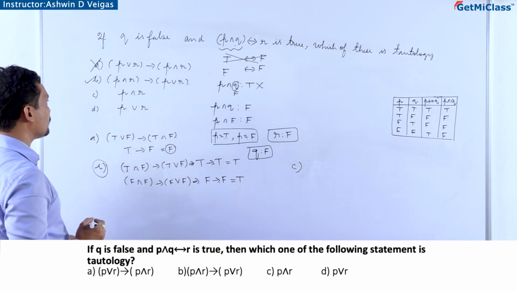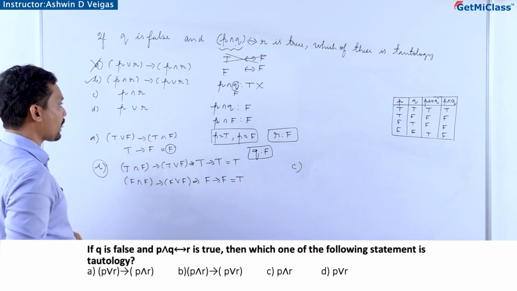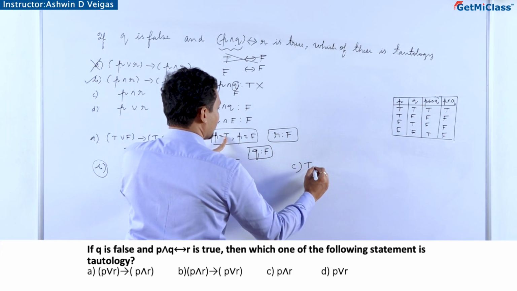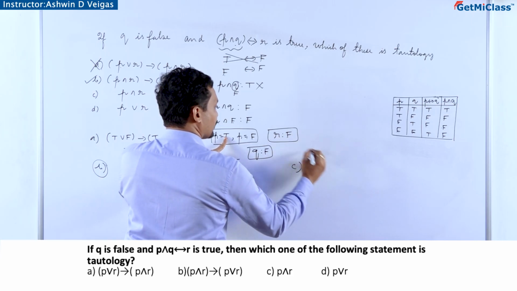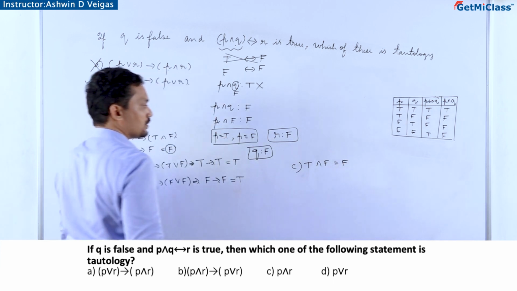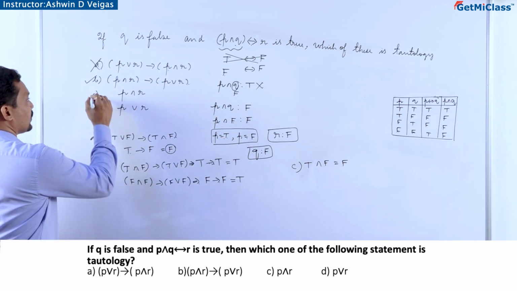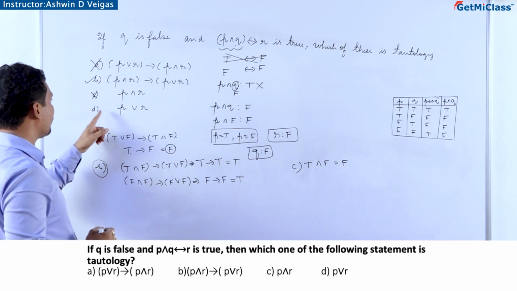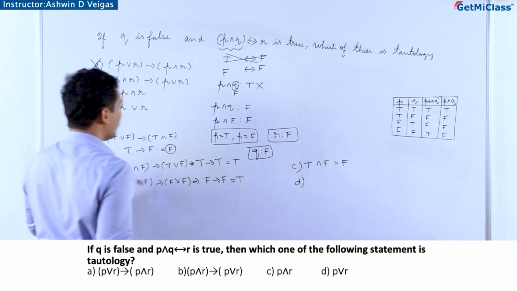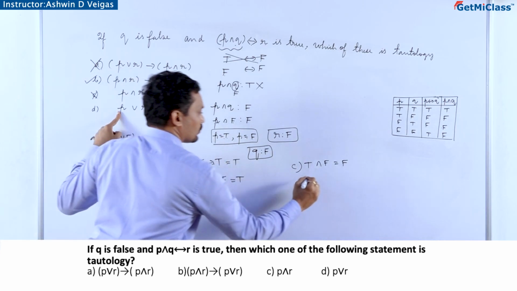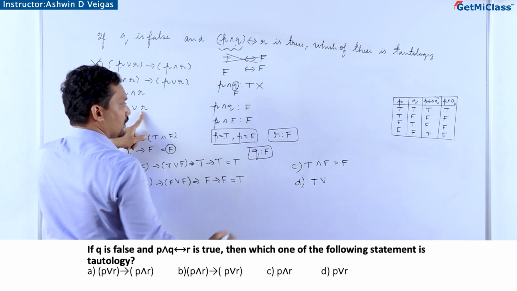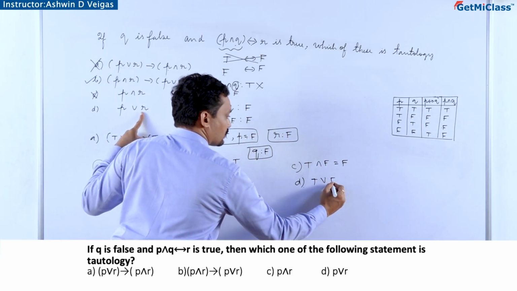So now we will go to option C, P and R. If you go for P as true, first case, and R as false, true and false will give you false. Therefore, surely option C cannot be the answer. Suppose you go to option D, P or R, first take the value of P as true, or value of R is false.